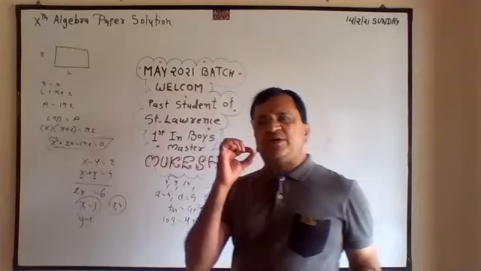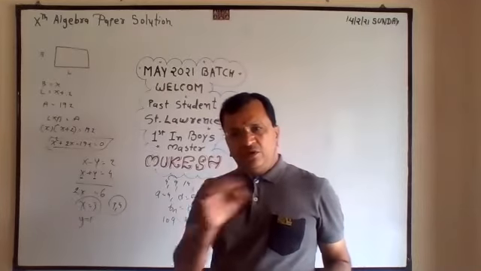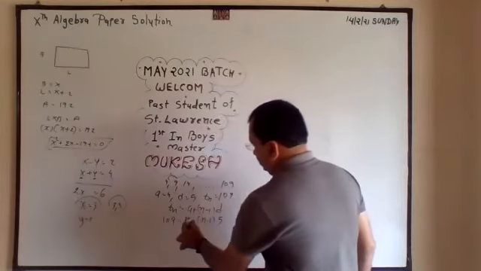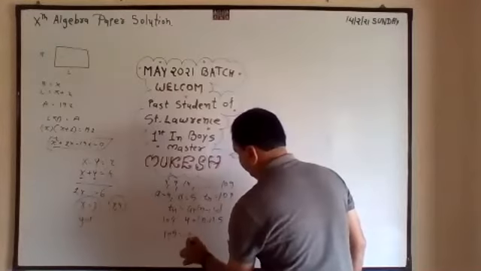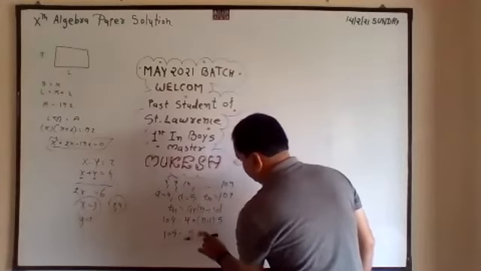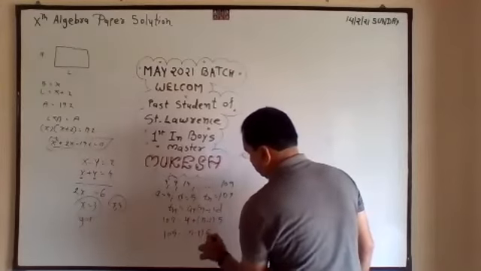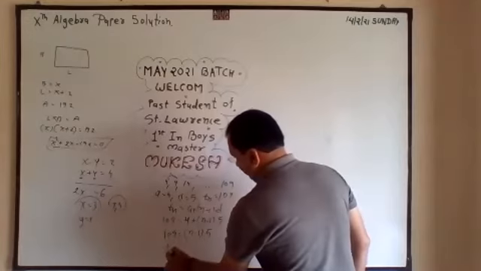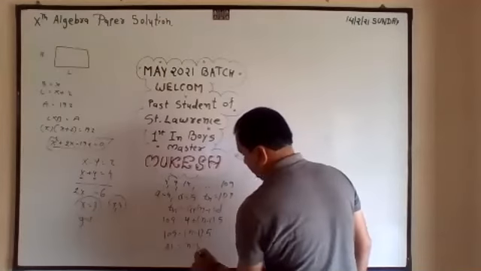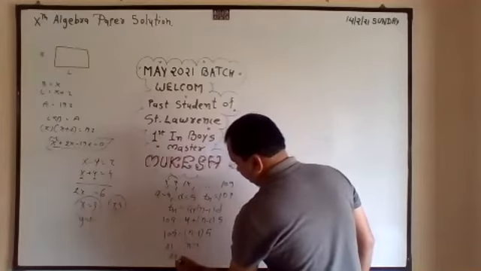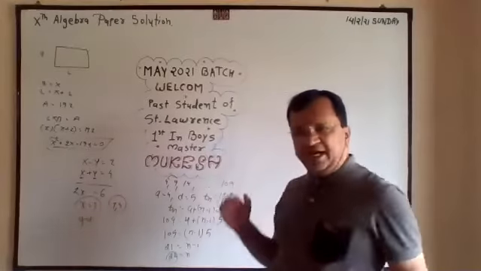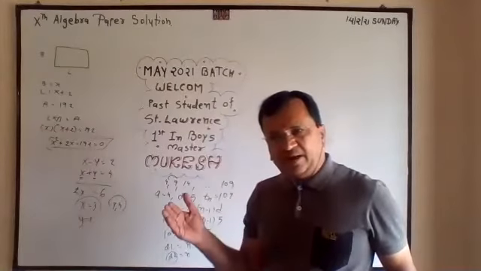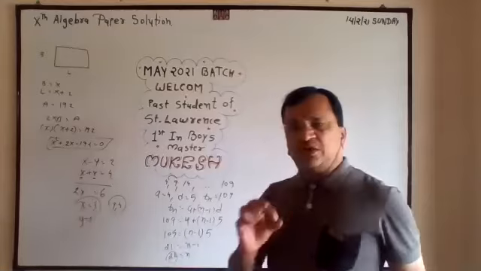Whenever you have to find n, don't open the bracket. 109 minus 4 is 105. Then divide by 5, which gives 21. Minus 1 goes this side. So from 4 to 109, by increasing 5 each time, there are 22 numbers.